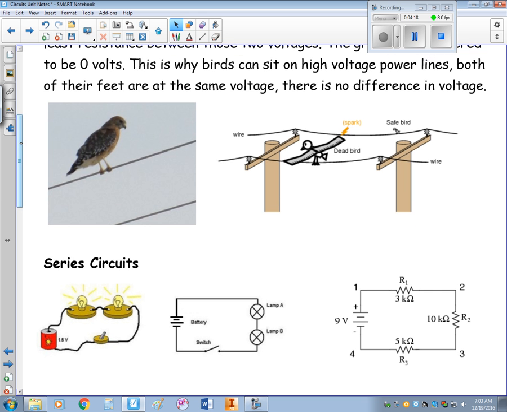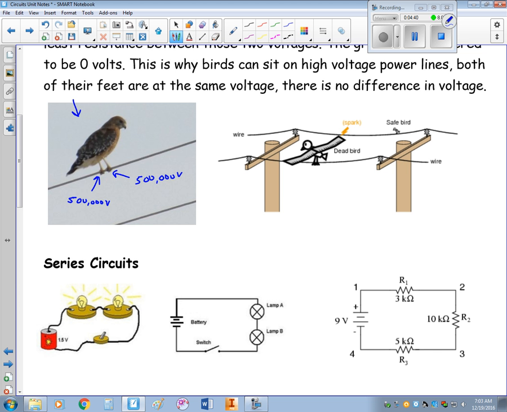If I were to take a look at this bird right here, this foot might have a voltage of 500,000 volts. But this foot also has 500,000 volts. There's no potential difference. There's no difference in voltage.